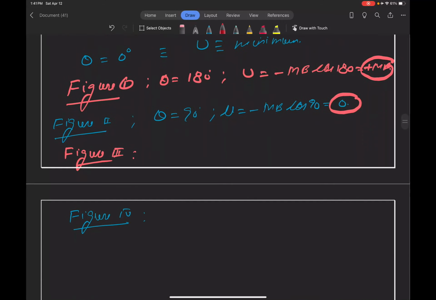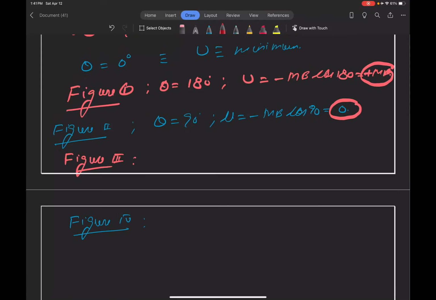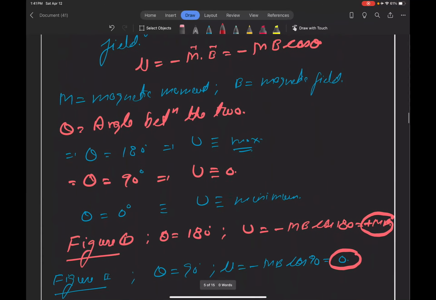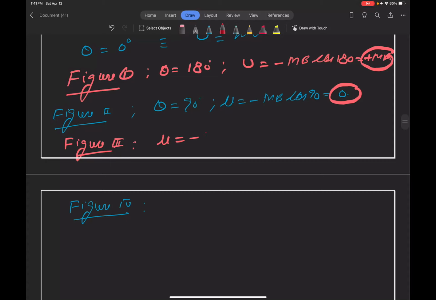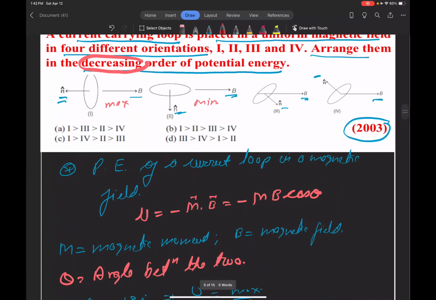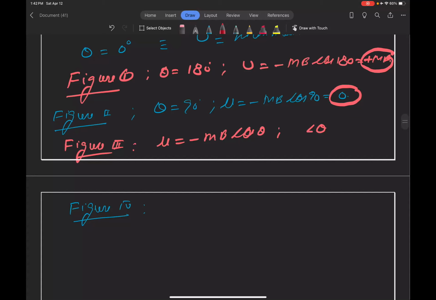So therefore we can write that the potential energy is minus mB cos theta, because theta is, with respect to, greater than 180 degrees. That was my mistake, but less than 360.